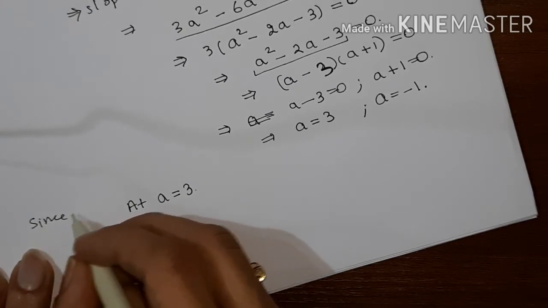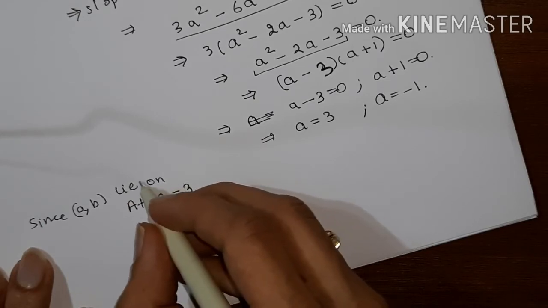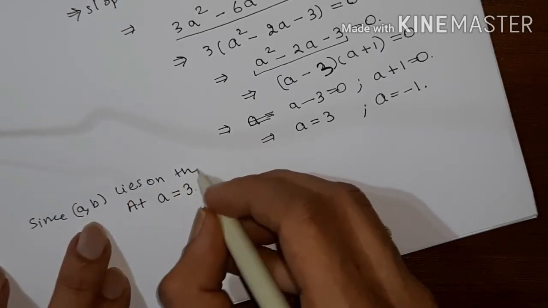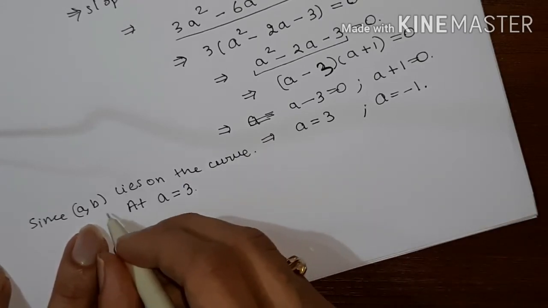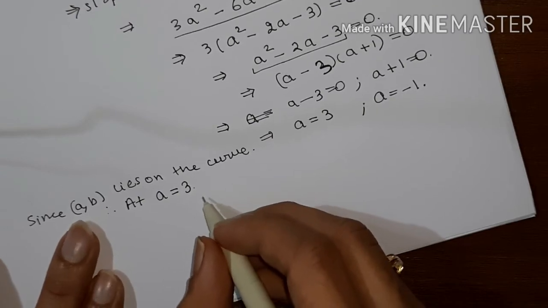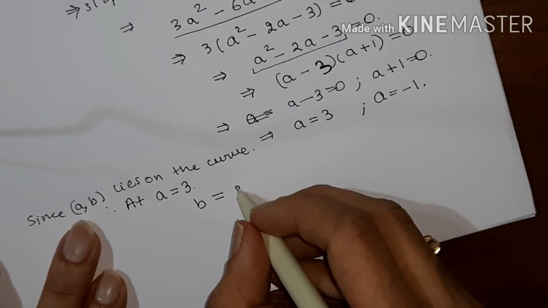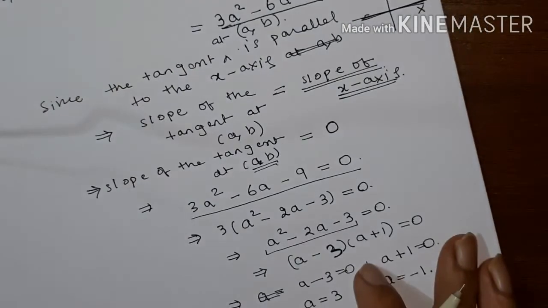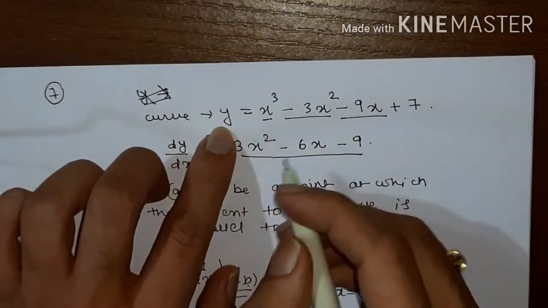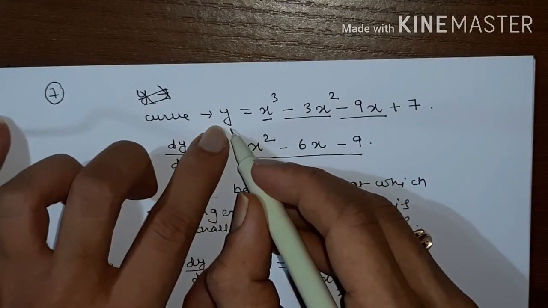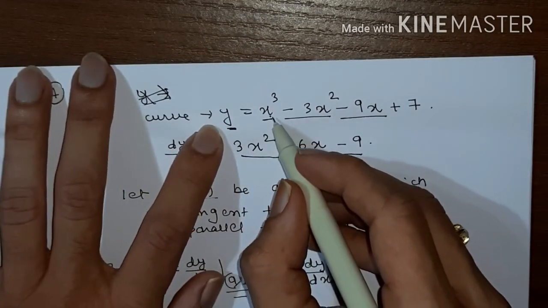since a comma b lies on the curve, therefore at a comma b, y is equal to b and x is equal to a.